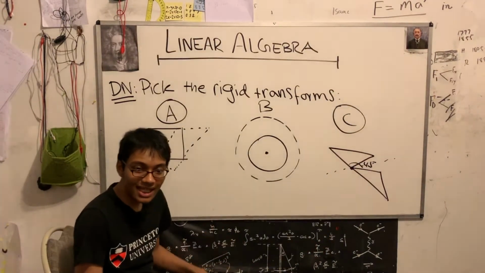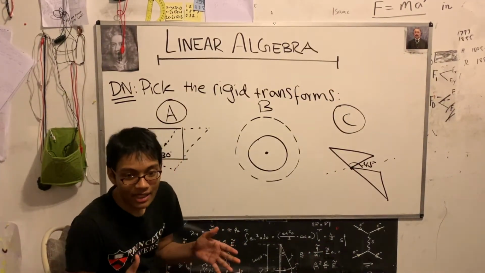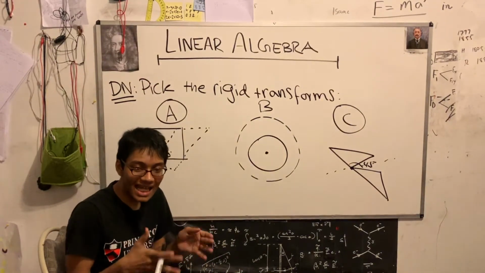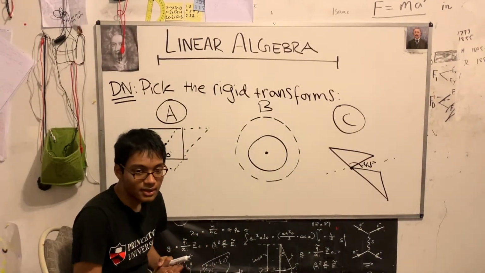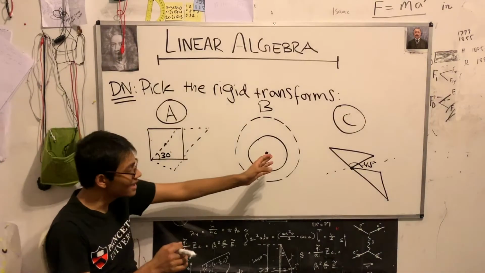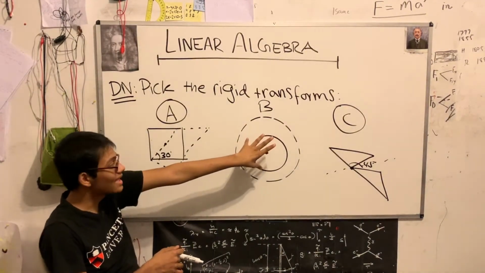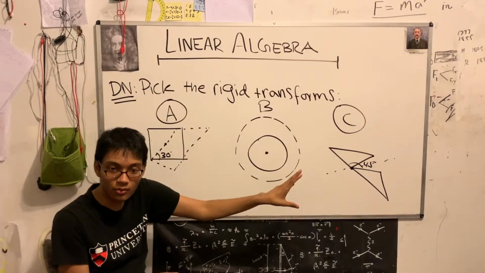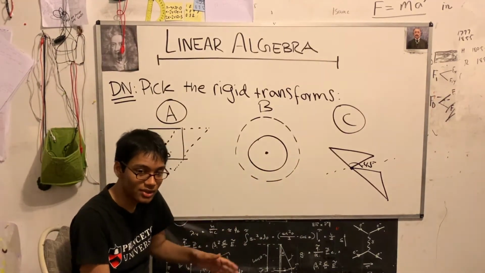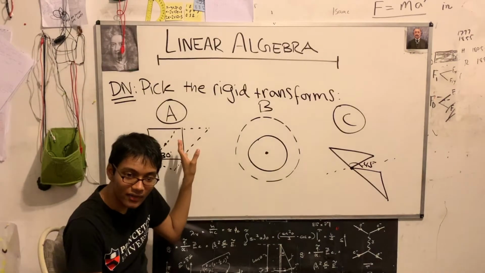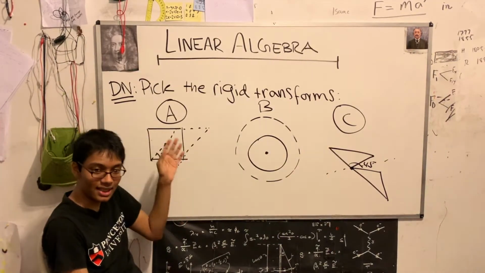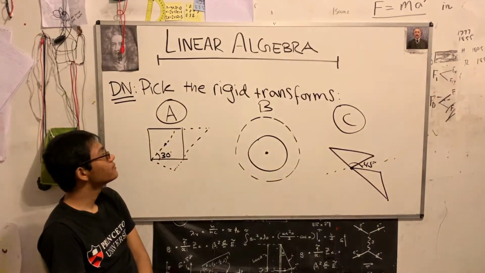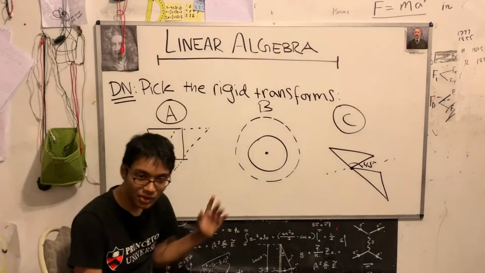But at the end of the day, a rigid transform is simply a transform that preserves the side length of the original picture. As you can see here, we don't preserve the size of the original circle, whereas in these rigid transformations, which you can categorize as rotations, the size of the shapes remain the same. So that's what a rigid transform is.